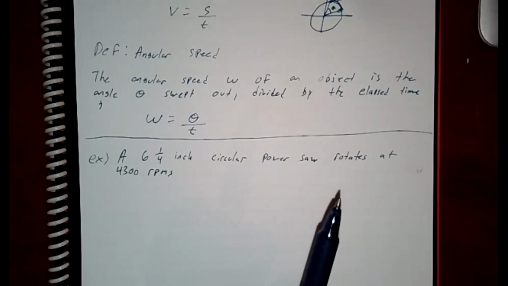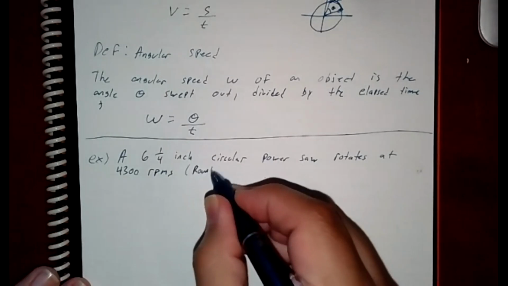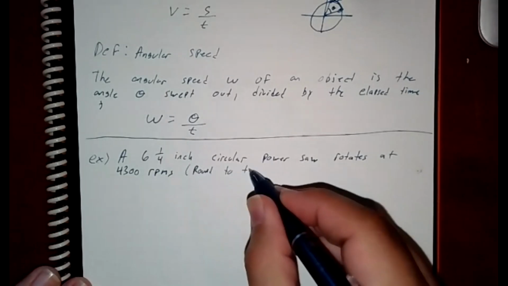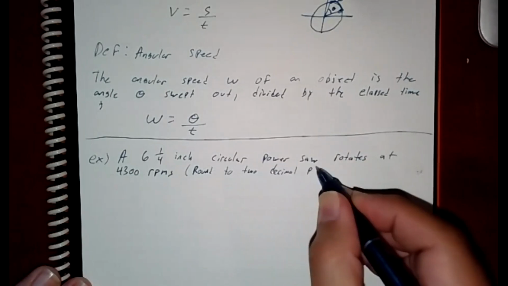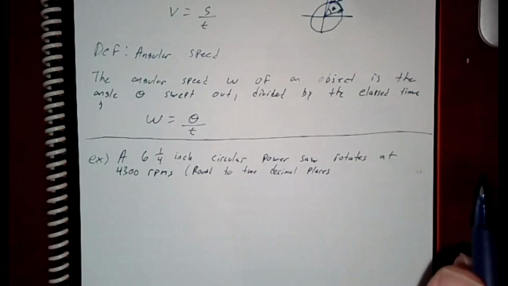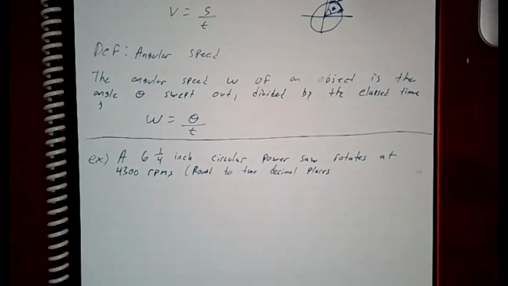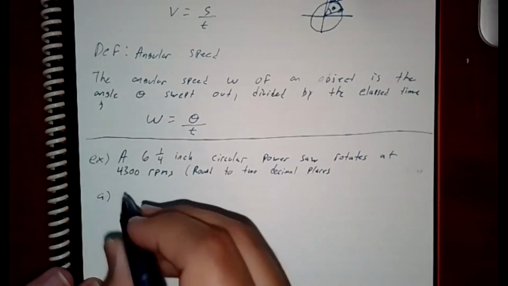All right, so round to 2 decimal places. Okay. So part A is find the angular speed.